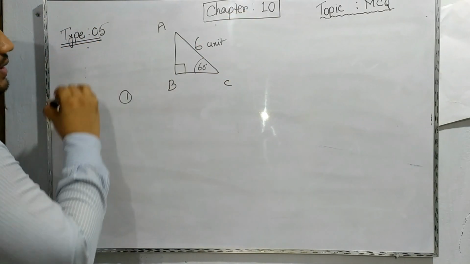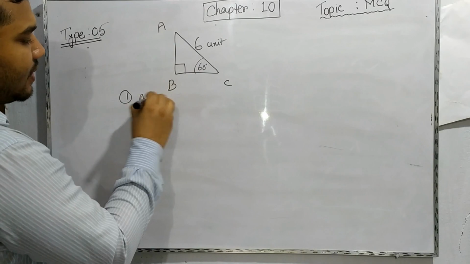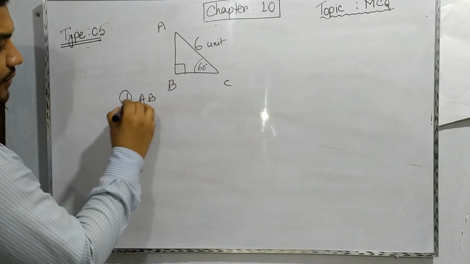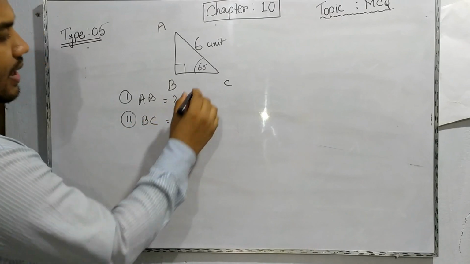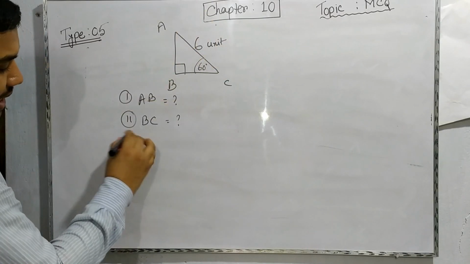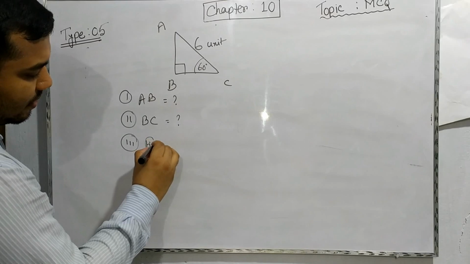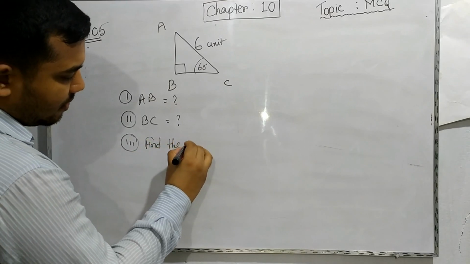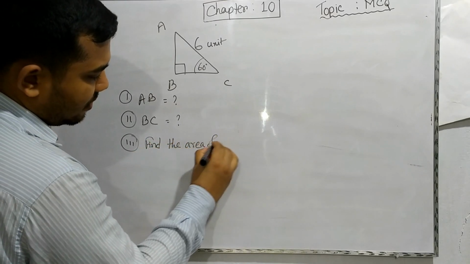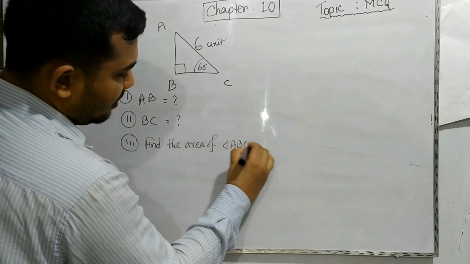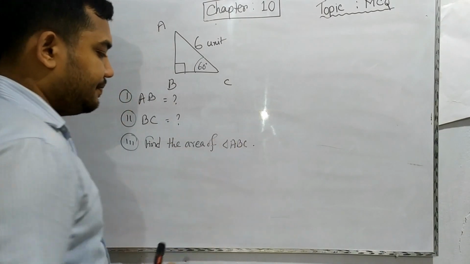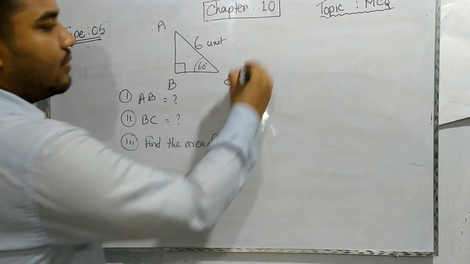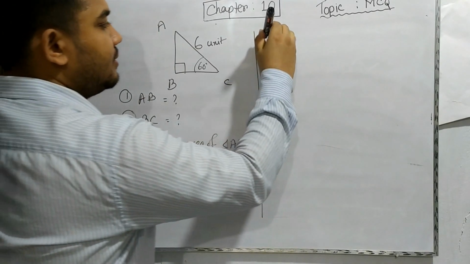Our first question is to find AB, the second question is to find BC, and the third question is the area of ABC.